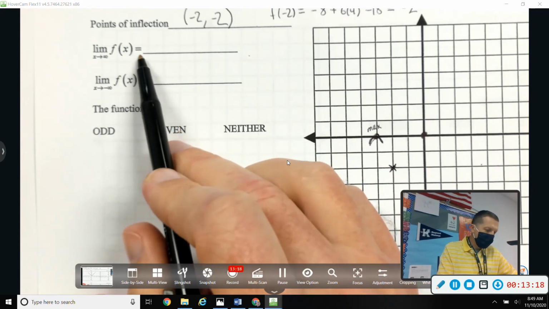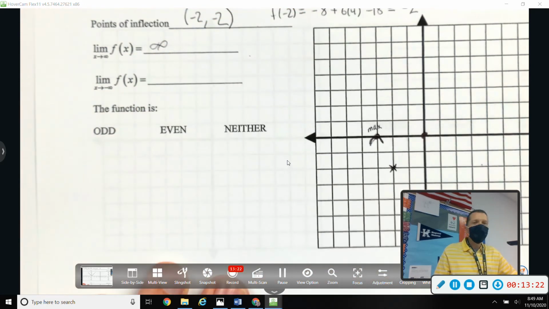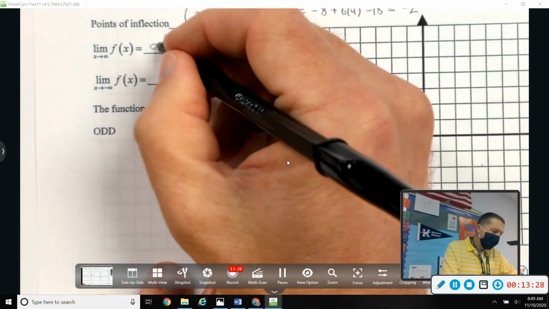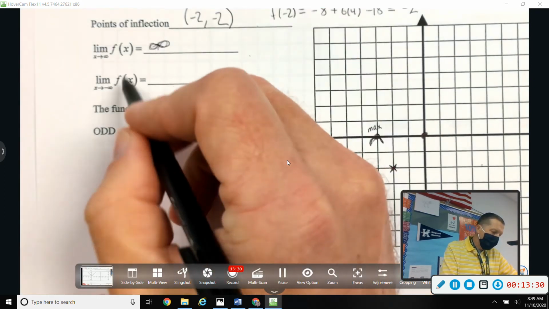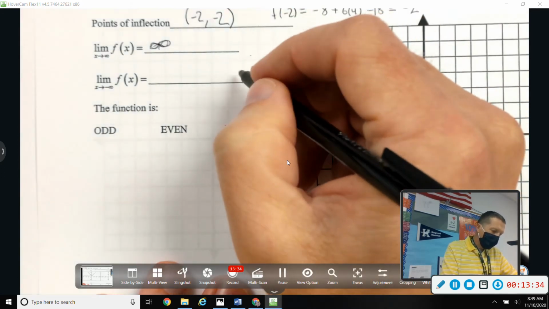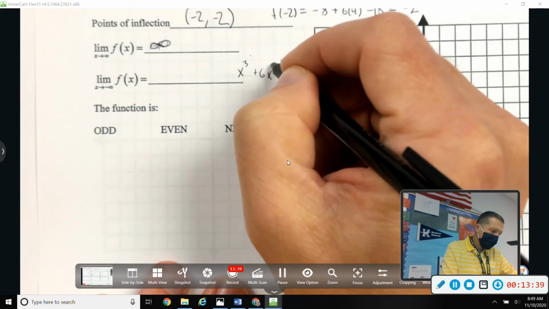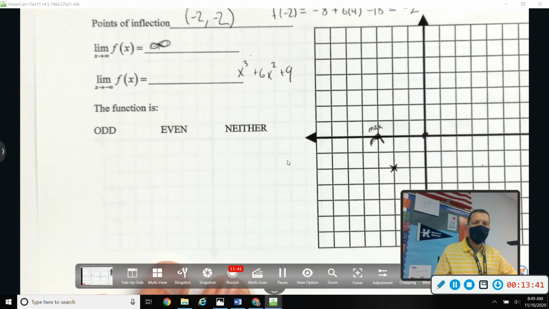As x gets really big, this is more for stuff that has rational functions, stuff with denominators. As x gets really big, the function goes to infinity. As x gets toward negative infinity, I think about this one a little bit.